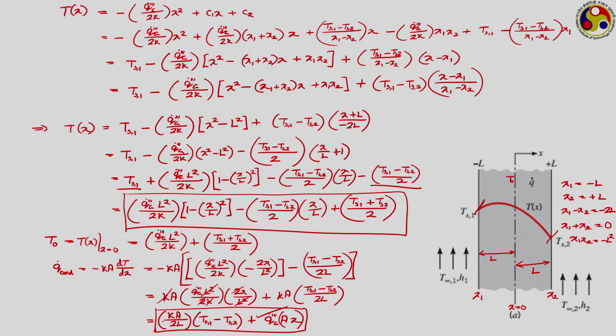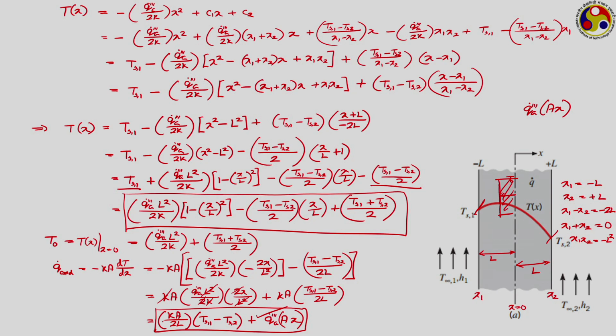And what is the physical significance of this term, Qg dot triple prime into A into x? A is the cross section area, x refers to any distance. So, if at this particular distance we want to calculate the contribution to energy conduction coming from this term, that basically leads to the volume corresponding to this portion.